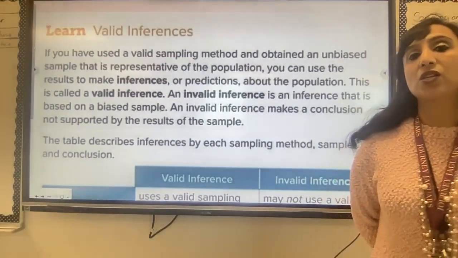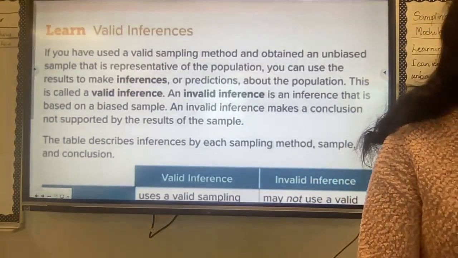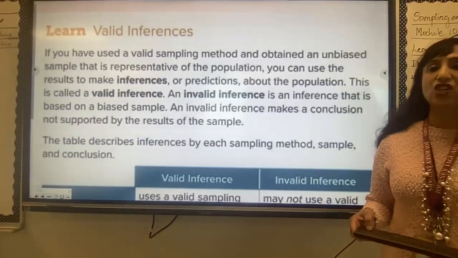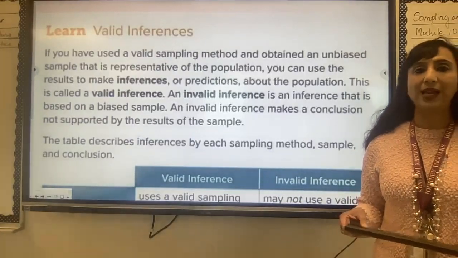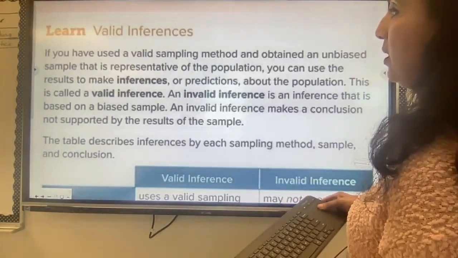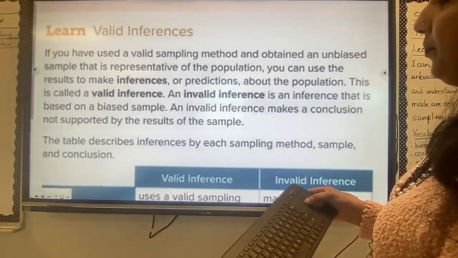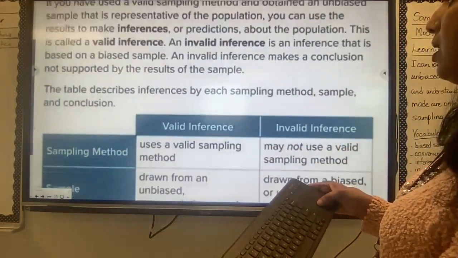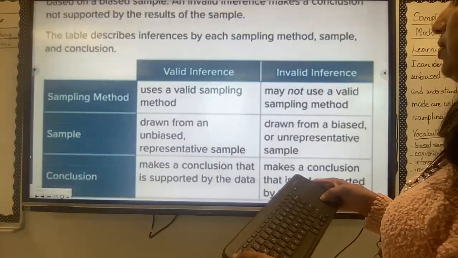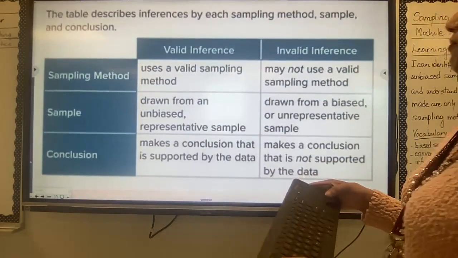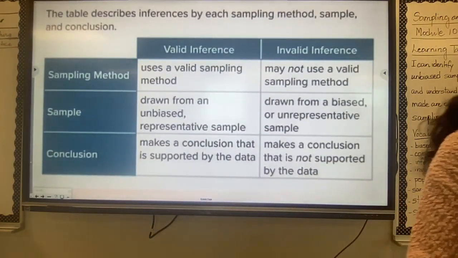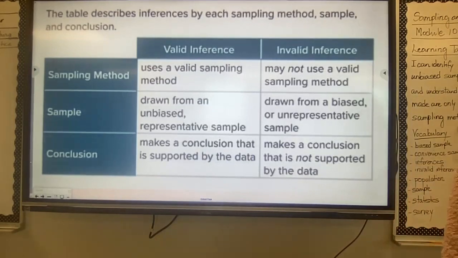All right, let's look at the table which describes inferences by each sampling method, sample, and conclusion. These are the different sampling methods. We have a valid inference and we have an invalid inference. Let's look at the sampling method.